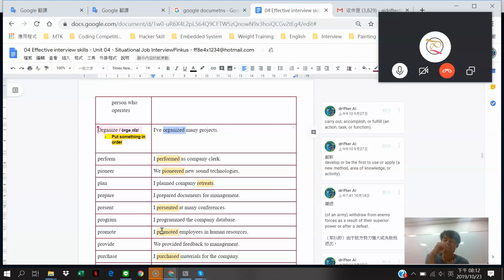Okay. That must be hard. So can you finish two things to organize in one day? Oh, you don't need to finish it. Maybe the schedule is one month or two weeks.